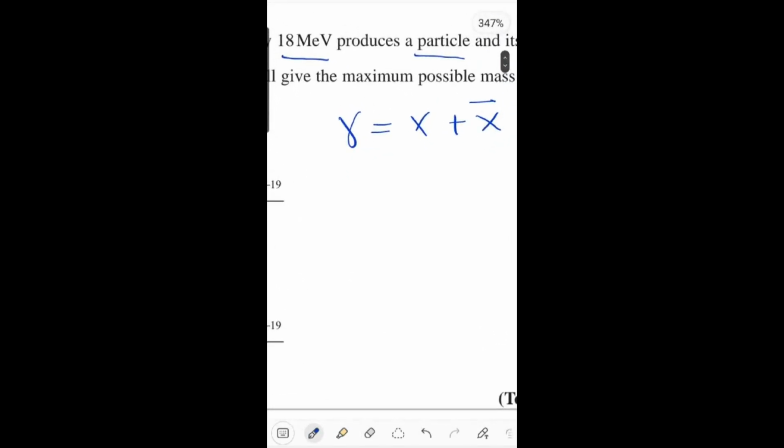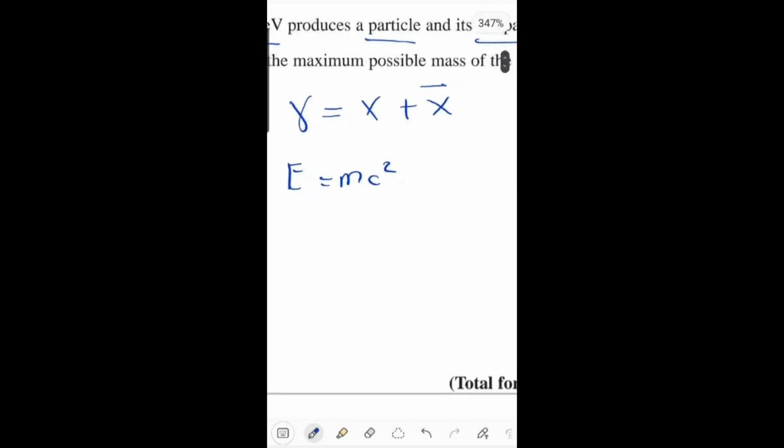let's write it out. It's producing a particle and an antiparticle. So we can use the formula E equals mc square, but for both the particle and antiparticle.